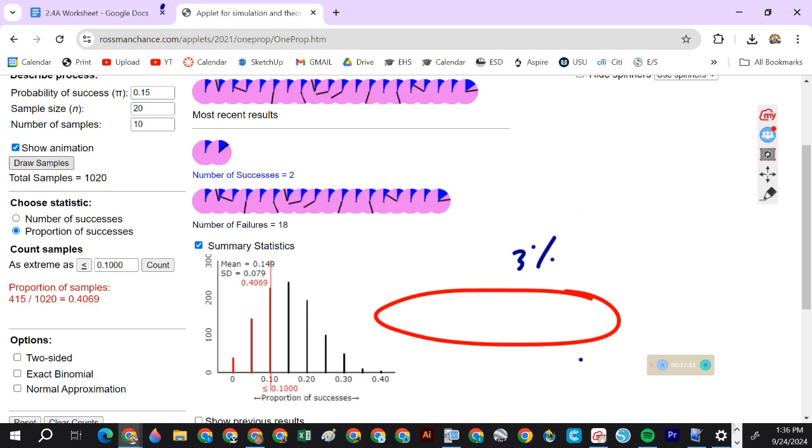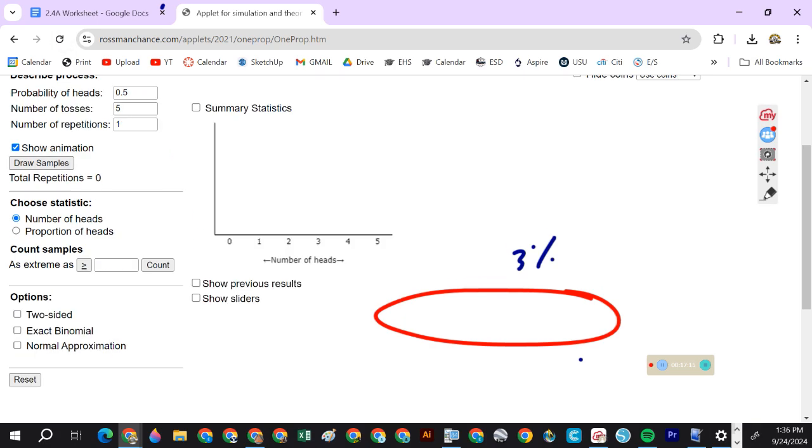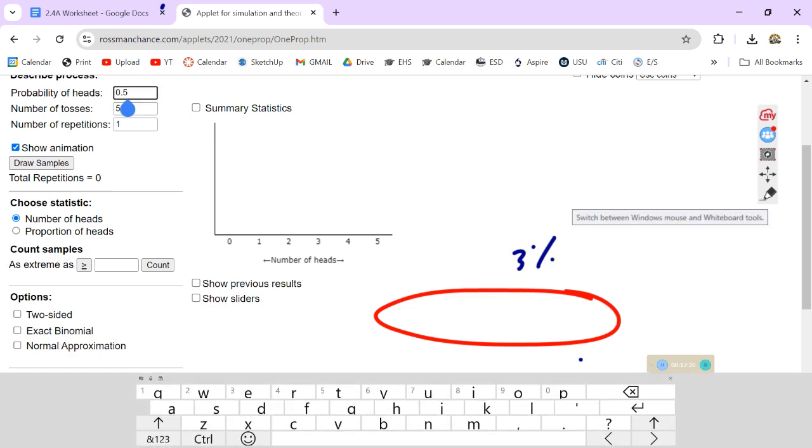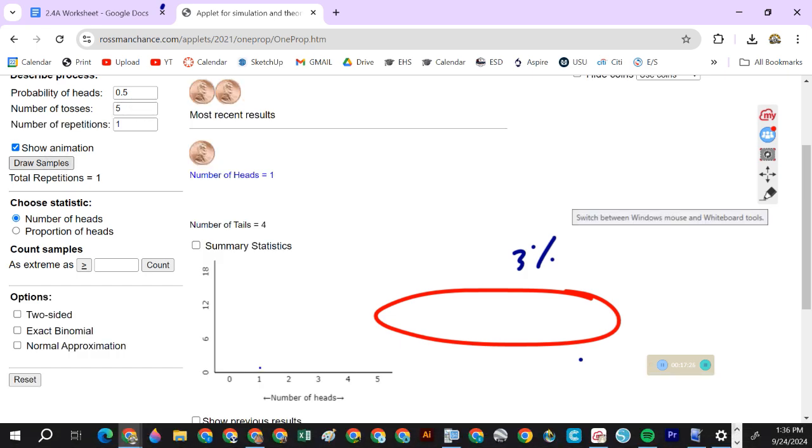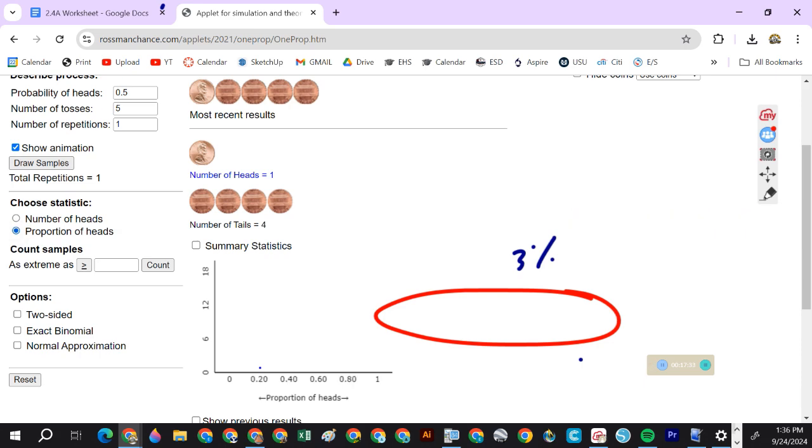Did it not draw new samples? Oh, I need to. I see. I was just adding to my. Okay, so here's a coin flip. So I'm going to flip a coin 5 times once. We want proportion.